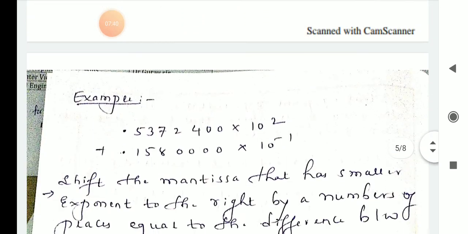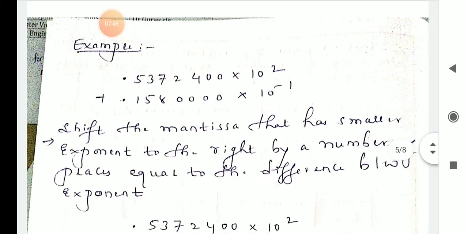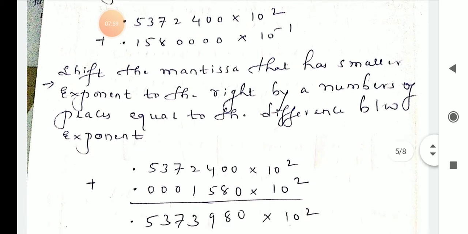For example, take one example and then you will know what it is. 0.5372400 multiplied by 10 raised to 2 plus 0.1584 times 0 multiplied by 10 raised to minus 1.